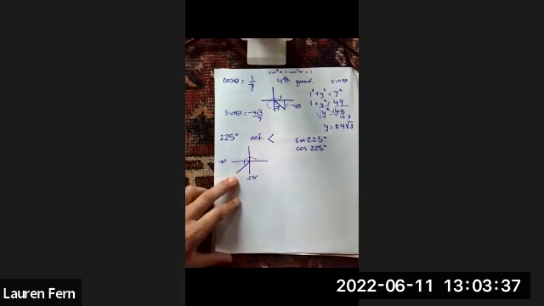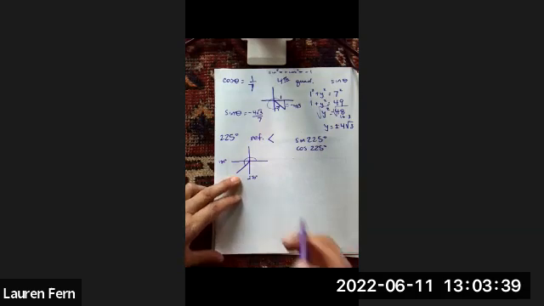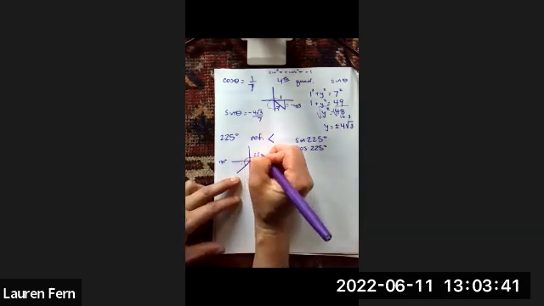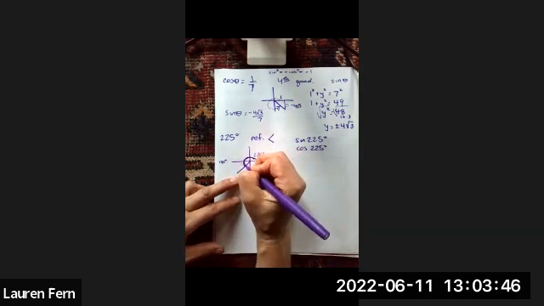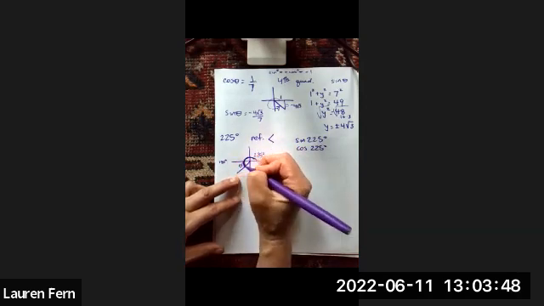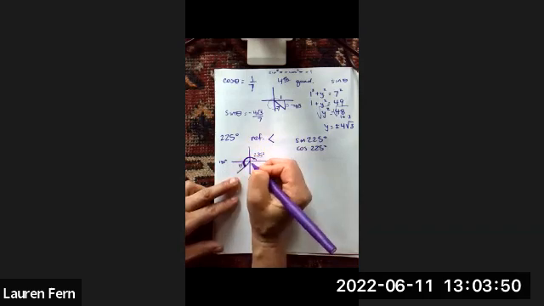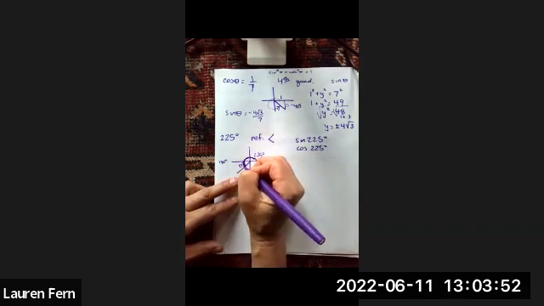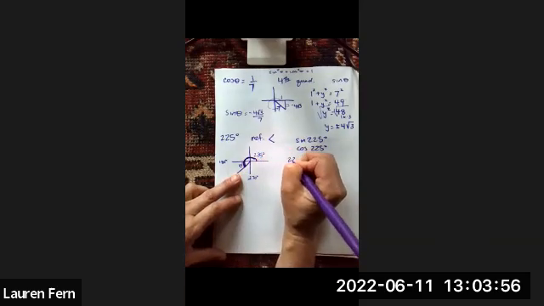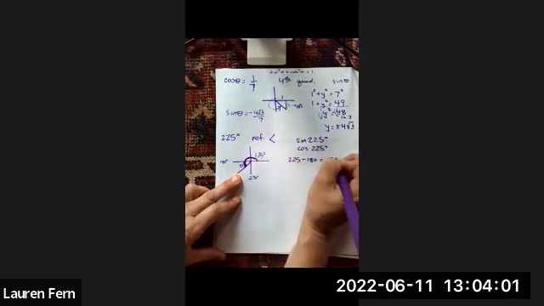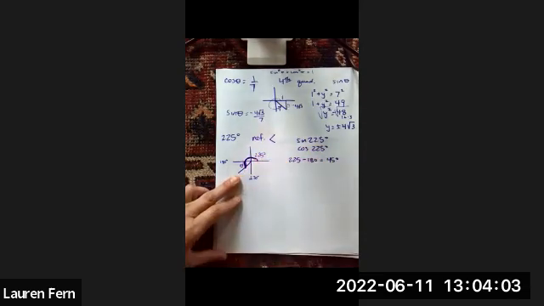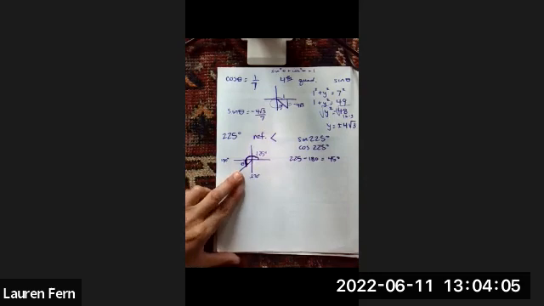I'm in my third quadrant, okay? So if this whole thing is 225 degrees, I want to find this angle here. This is my reference angle right here, okay? Well, this whole thing is 225 degrees. This portion is 180. So my reference angle is 45 degrees.